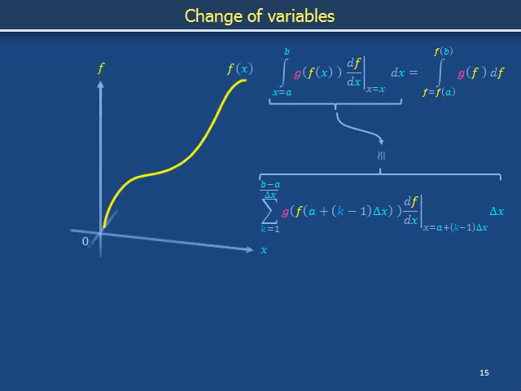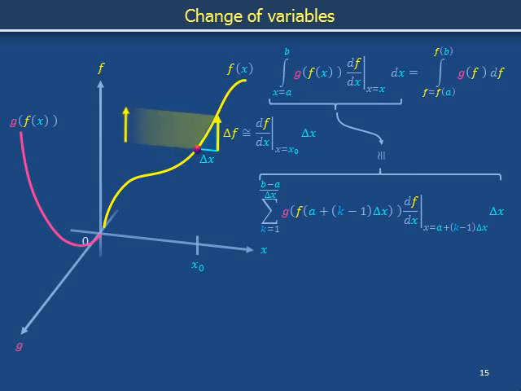We plot f of x versus x and g of f of x versus f of x on a three-dimensional set of axes. Here is a point x0, and here is a right triangle with horizontal run of length delta x. If the triangle is small, the ratio between delta f and finite delta x is close to the limiting value df dx, so delta f is approximately df dx delta x, which corresponds to a vertical interval along the f-axis.